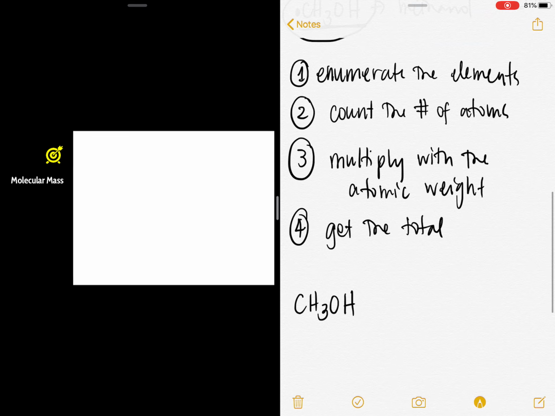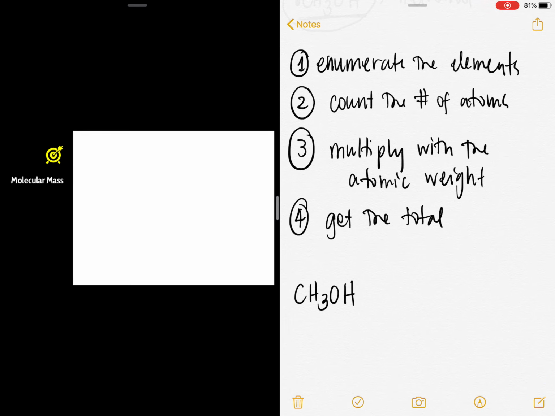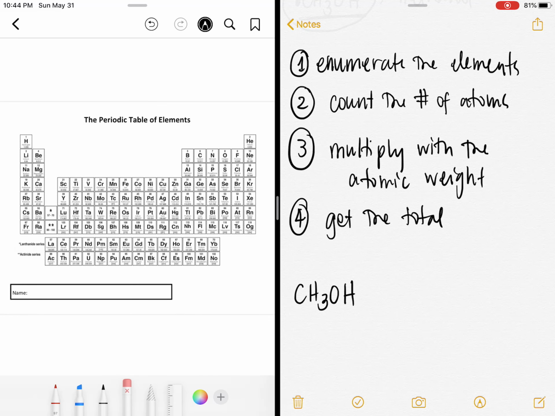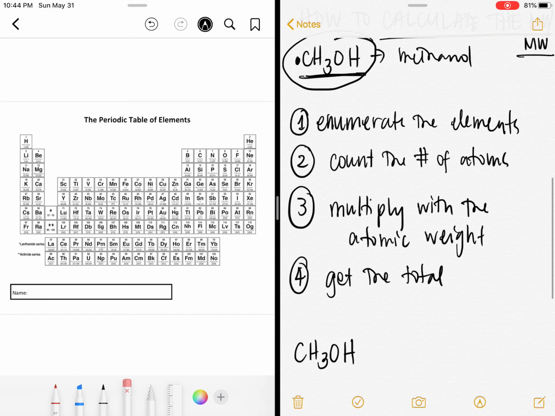Step 1, enumerate the elements. Whenever you get the molecular mass and the molecular weight, you will need your periodic table of elements. Okay? Unless memorize ninyo yung mga atomic mass unit, yung mga atomic weights nila, hindi nyo kailangan ng periodic table. Pero hindi nyo memorize, syempre kailangan nyo ng periodic table. So, gawin natin yung steps.